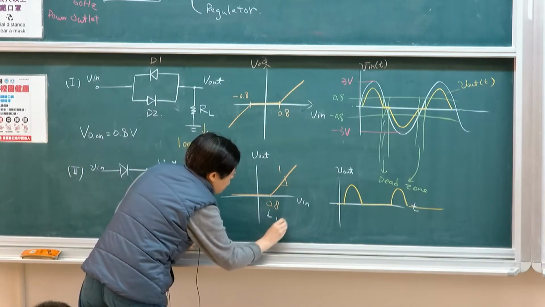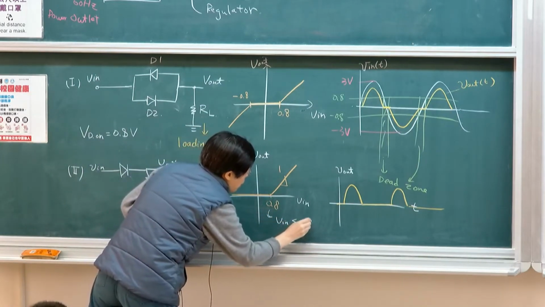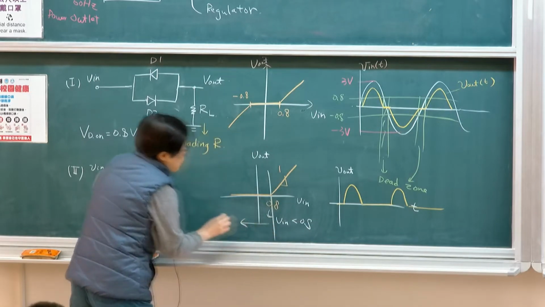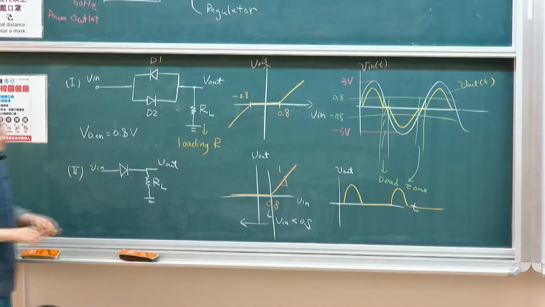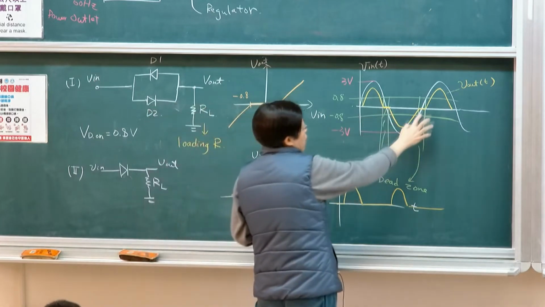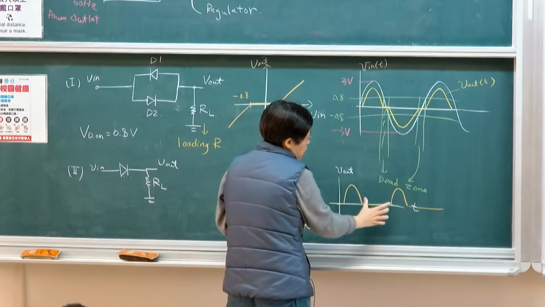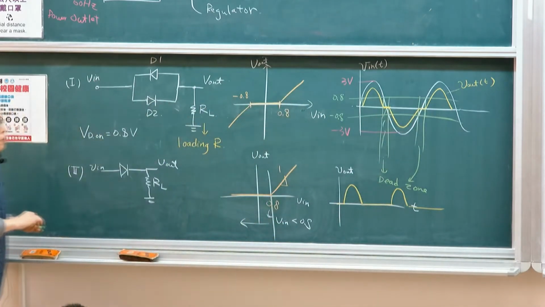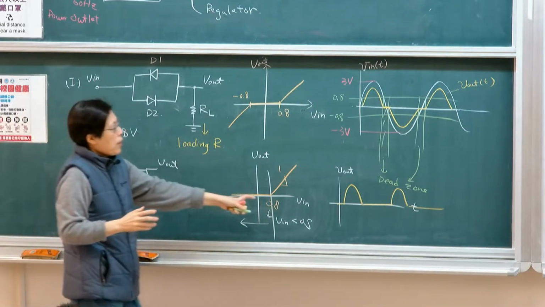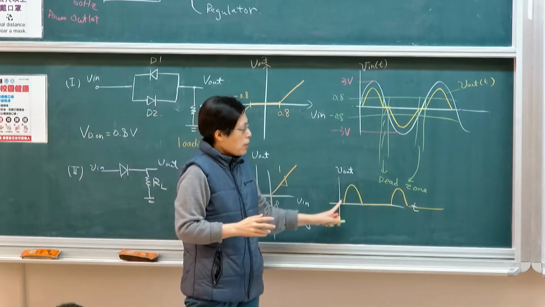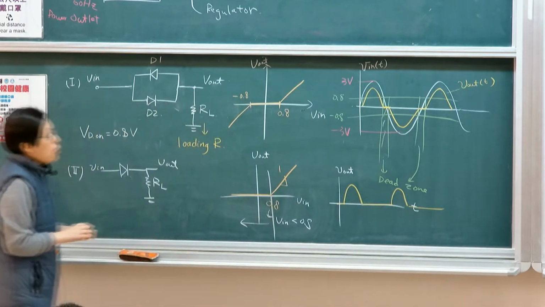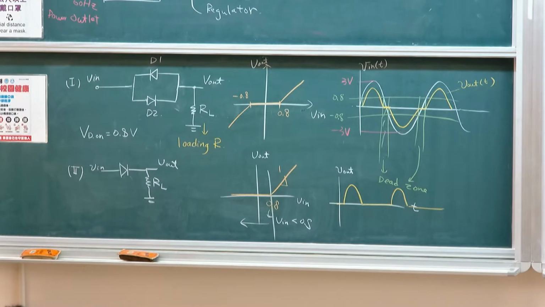The dead zone will be when V in is smaller than 0.8. So it will be dead on the whole negative half cycle and also the limiting part because of the diode. When it is less than 0.8, you remain dead, meaning no current passing through this system.